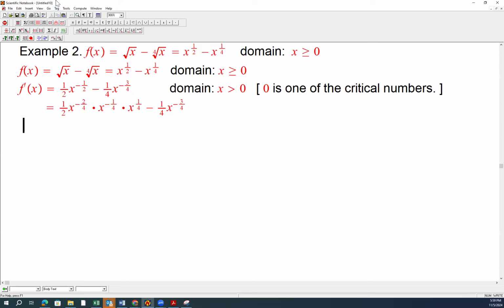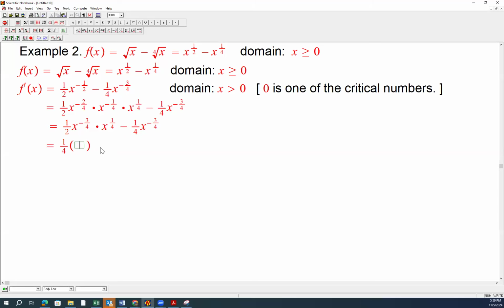That's great. Okay, so by this time, we can combine these two because they have the same base. We just add up the exponents, so this is going to be -3/4. That's the power. So then we're going to factor this out. Next step, what are we going to factor out? We're going to factor out 1/4, right? Why not? 1/2, 1/4, we're going to factor out the largest common denominator.